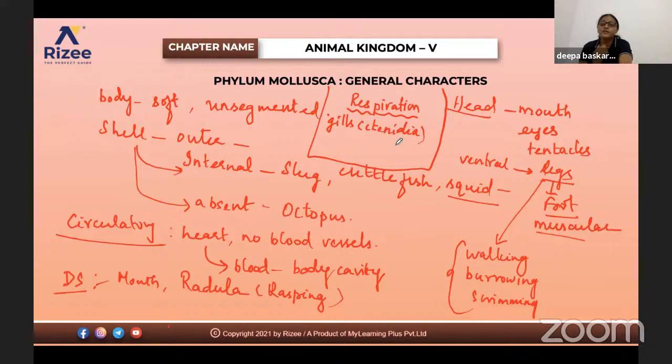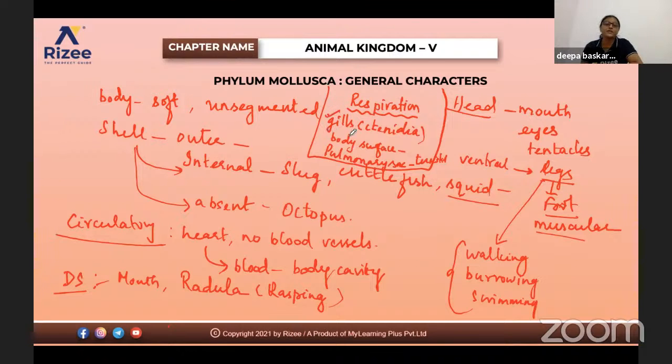The name of the gills present in the mantle cavity is Ctenidia. And apart from that, cutaneous respiration also happens, that is, respiration through the body surface. And even some have a pulmonary sac. This pulmonary sac is present in mollusks living on land, in a terrestrial environment. So these are the important points you should remember in respiration of mollusks.